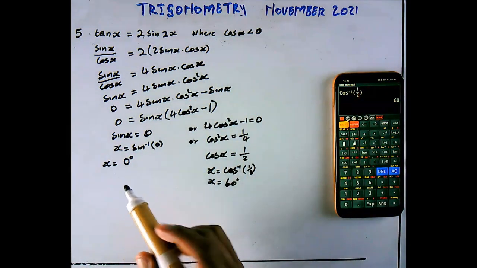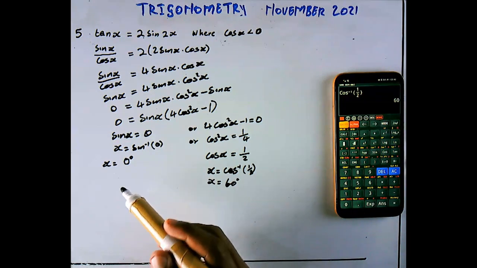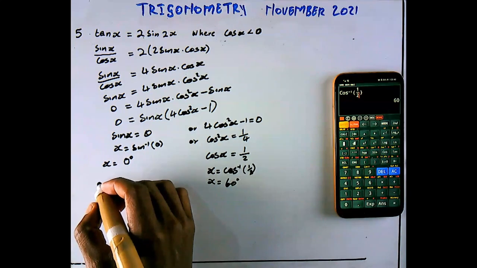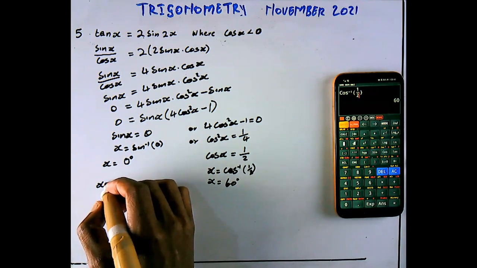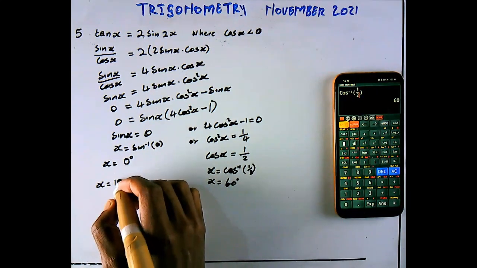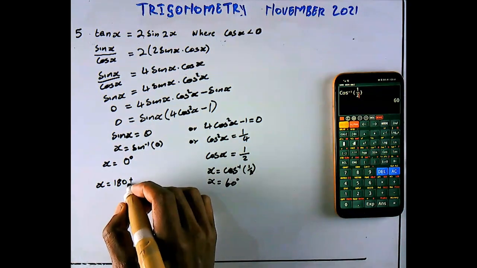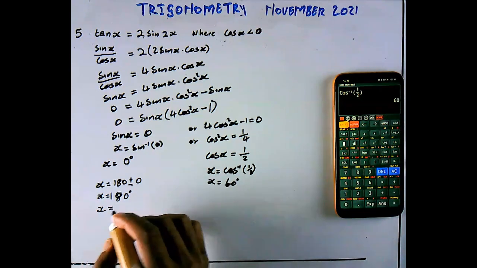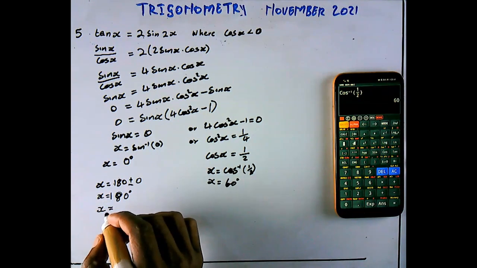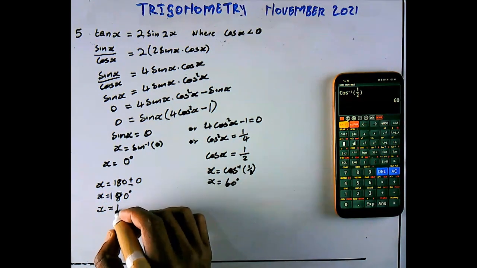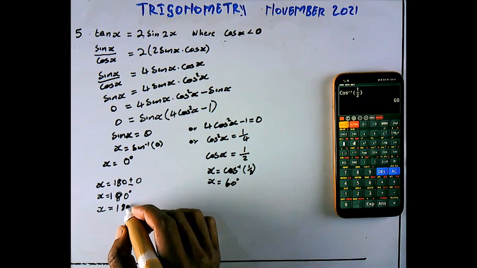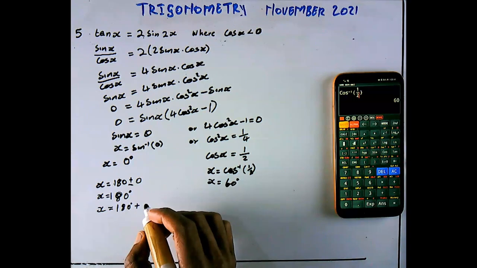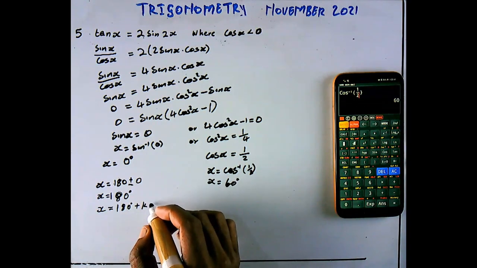We are told we have to look at our angles in the second quadrant and third quadrant. Our angle is equal to 180 plus or minus 0. So our general solution is going to be x equals 180 degrees plus k multiplied by 360 degrees.